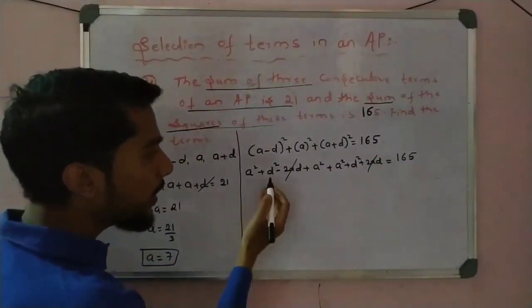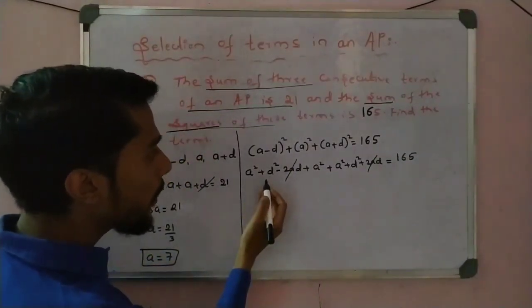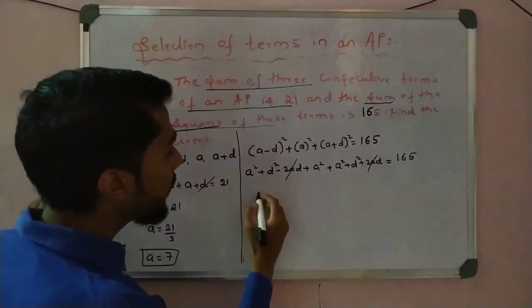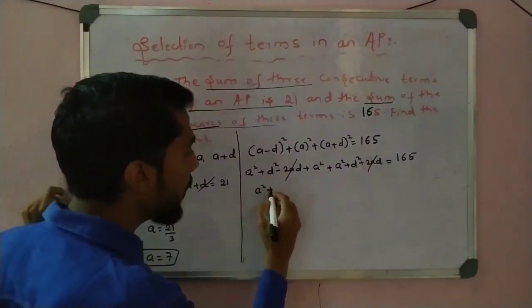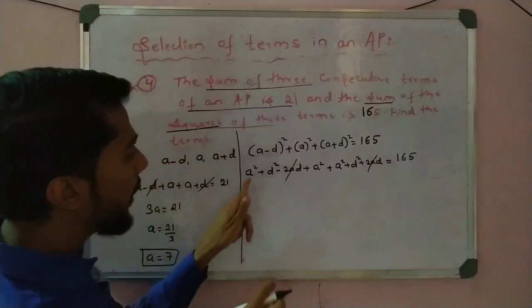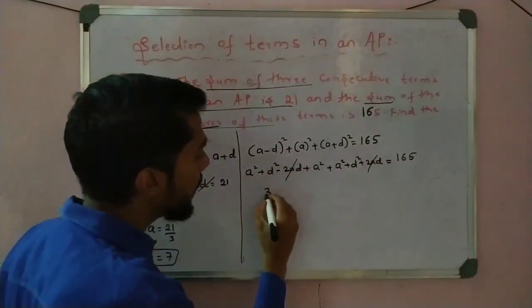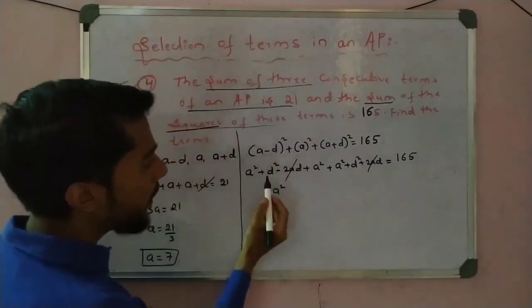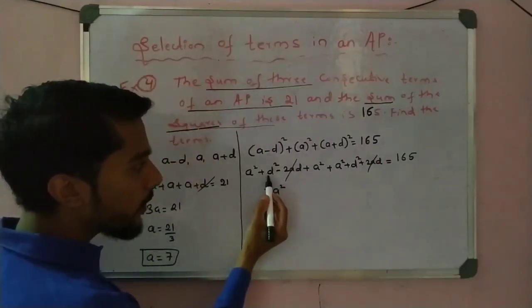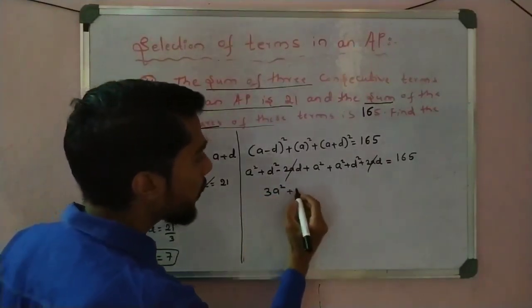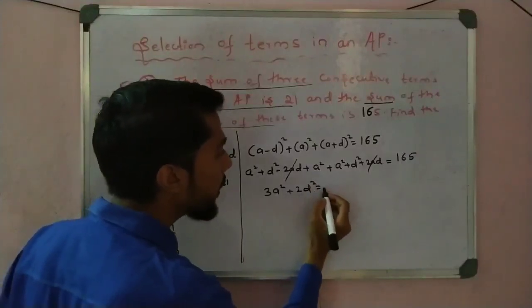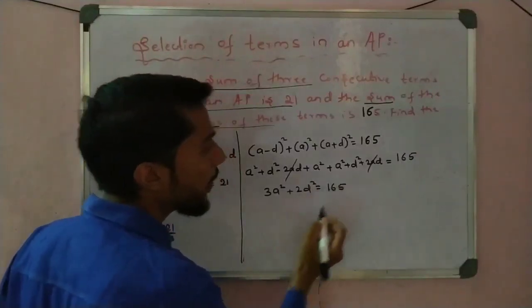So add all this: a square 1, a square 2, a square 3. So that is 3 times a square, and d square here 1 and d square plus, 2 times d square is equal to 165.